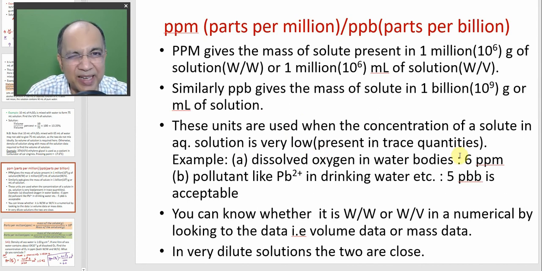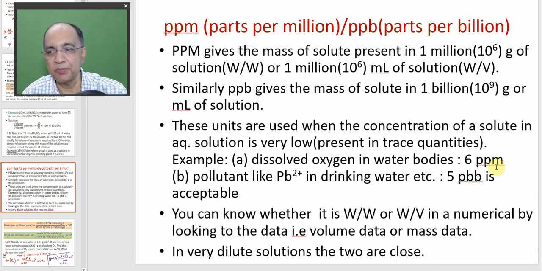Trace, very small quantities. For example, dissolved oxygen in water bodies, for example, 6 ppm. Usually, 6 ppm is the concentration of oxygen in water bodies. And due to pollution, this level is decreasing, and the aquatic life is in danger.